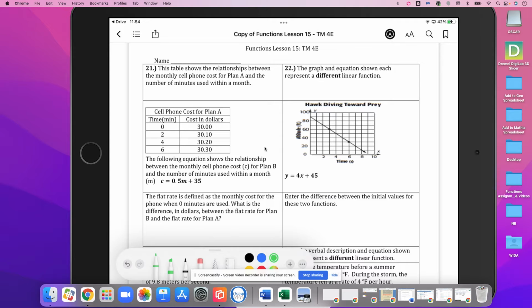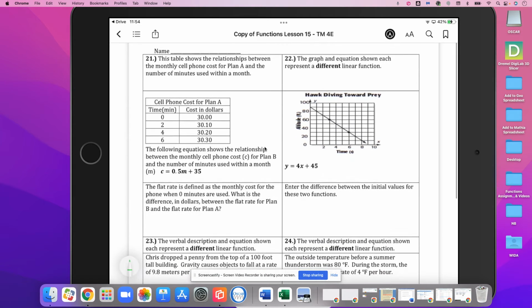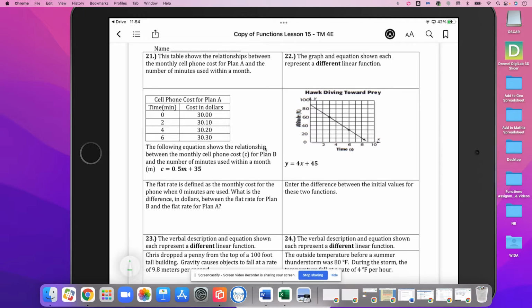So what we've got is the table shows the relationship between the monthly cell phone costs for plan A and the number of minutes used in a month. And then the equation shows the relationship between monthly cell phone cost for plan B and the number of minutes used in a month.